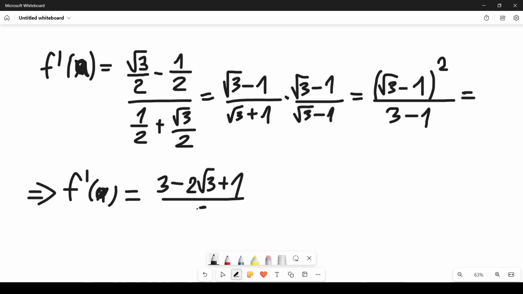Down we have 3 minus 1, which is 2. We can divide by 2, and that is going to be 2 minus square root of 3. And that is our final answer.